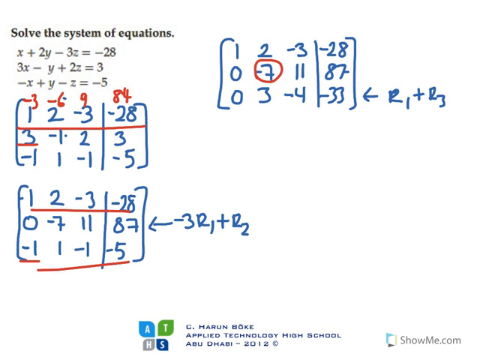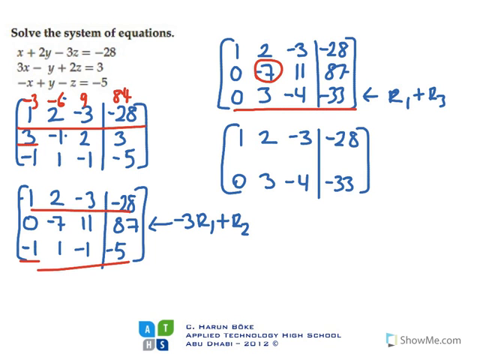Now I need 1 or at least -1 here. If I have -1, then I can change the sign and get 1 easily. So I'm going to do a tricky move here. I'm going to multiply the third row by 2 and add it to the second row. So here is how. If I multiply the third row by 2, I will have 0, 6, -8 and -66.